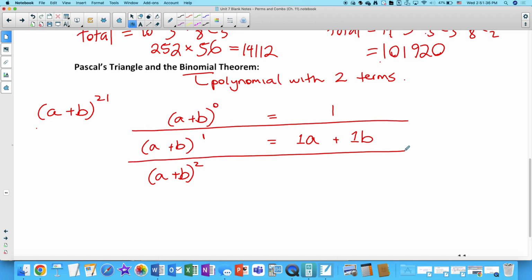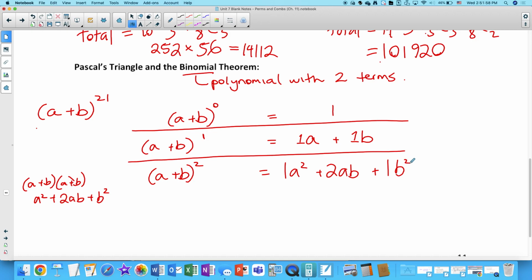Yeah, so some of you guys just know what it is, right? But it's a squared plus ab plus another ab plus b squared. So this is 1a squared plus 2ab plus 1b squared.